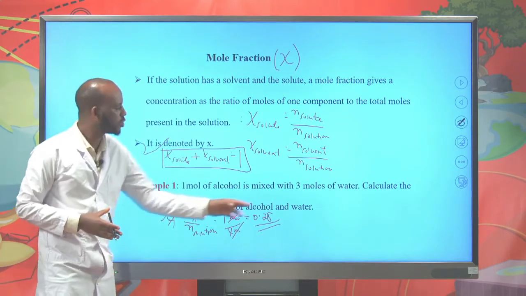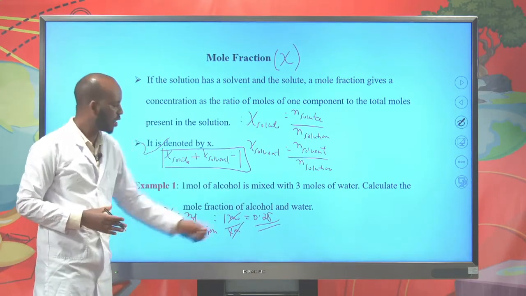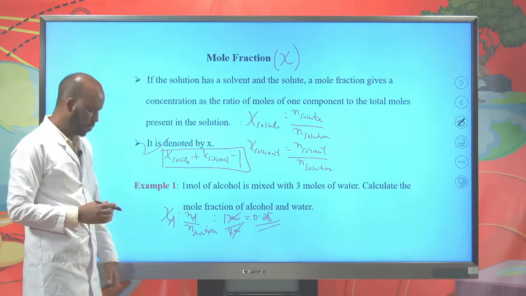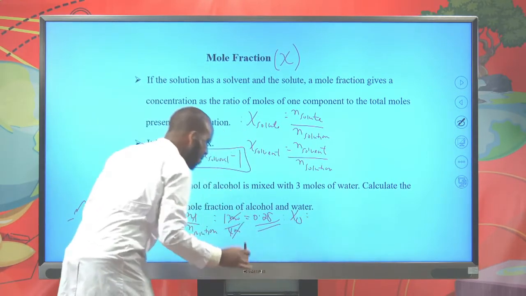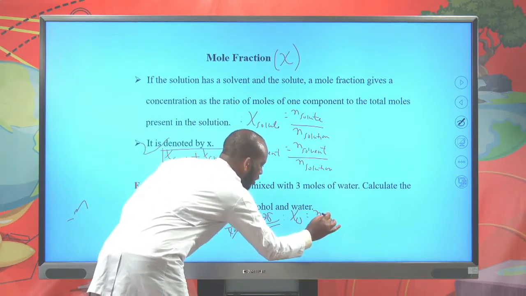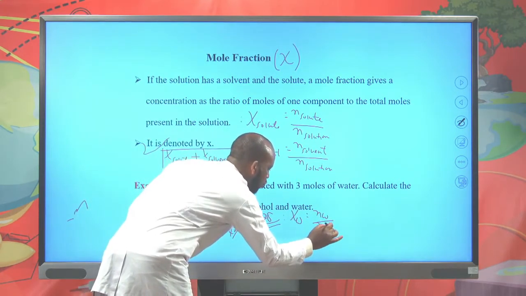0.25 is the mole fraction of alcohol in this solution. What is the mole fraction of water? Mole fraction of the solvent. Mole fraction of water equals number of moles of water divided by number of moles of solution.